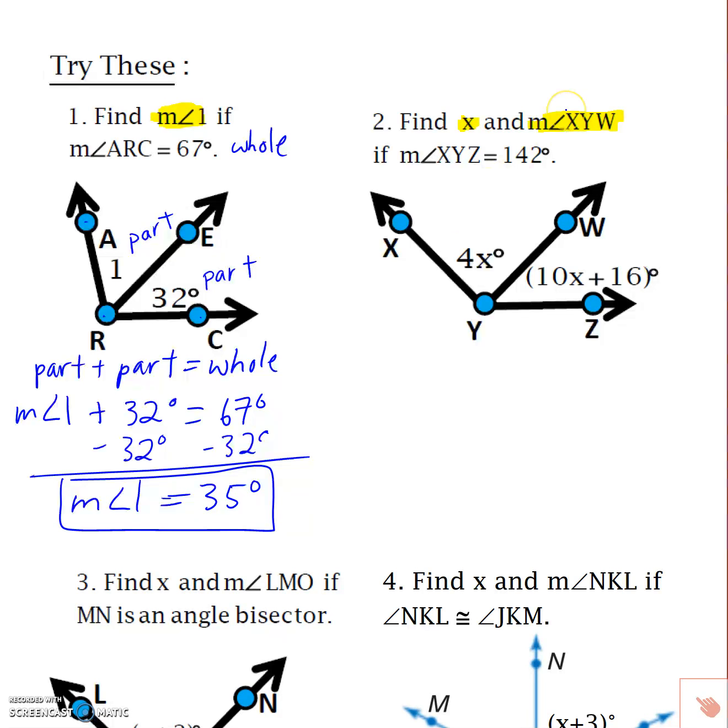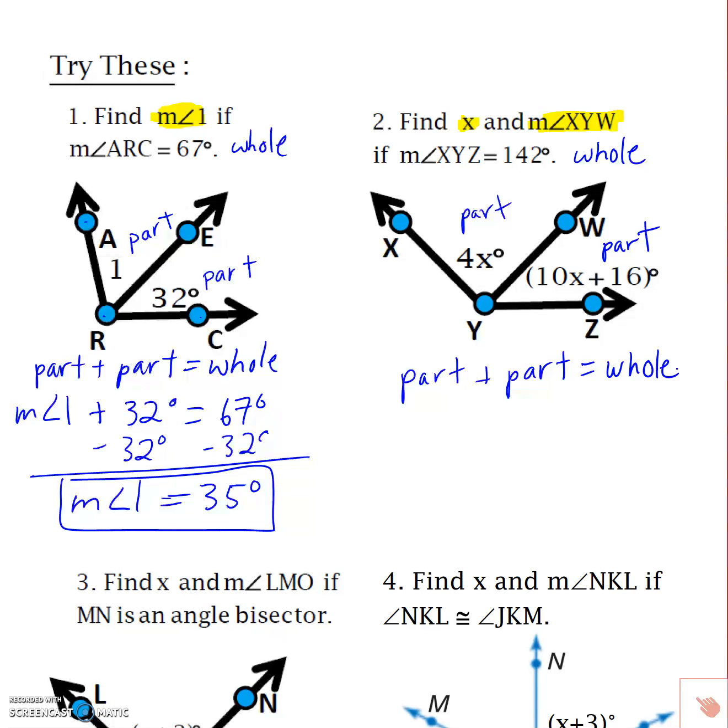So first part is going to be 4x. The other part is going to be 10x plus 16. And our whole, the XYZ, they give it to us at the top. That's 142 degrees. So we get part plus part equals whole.